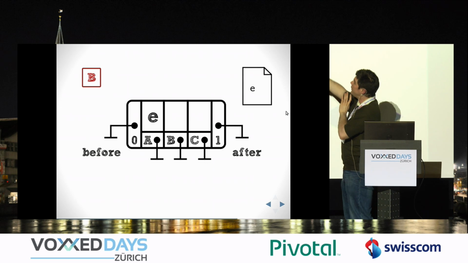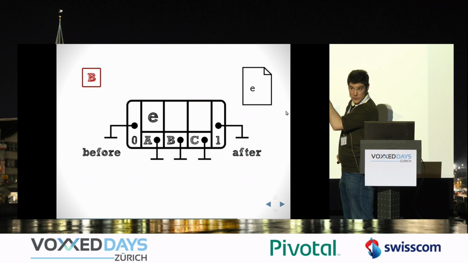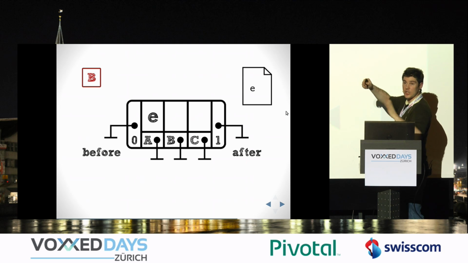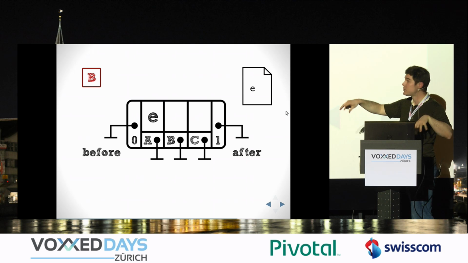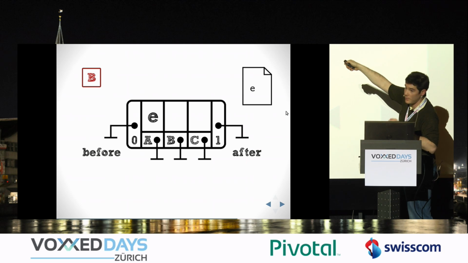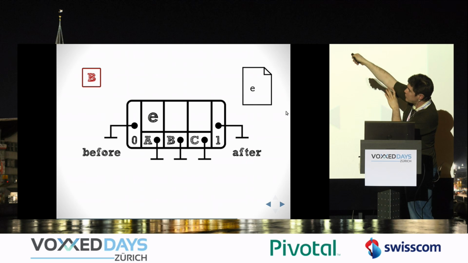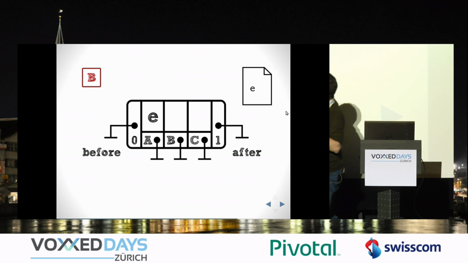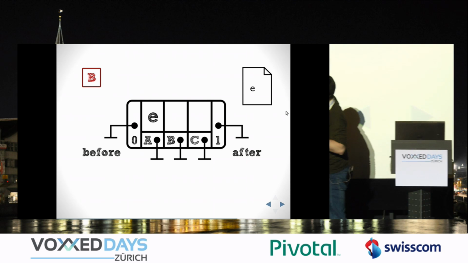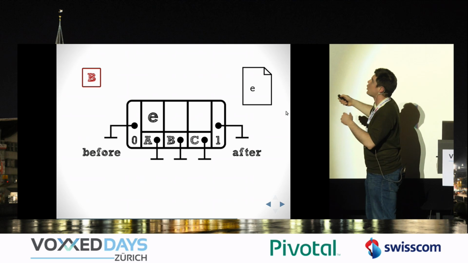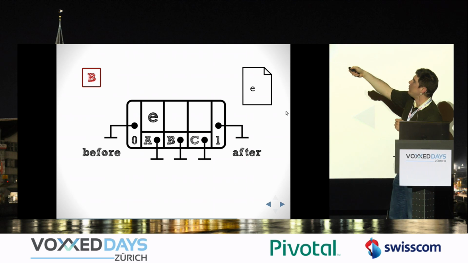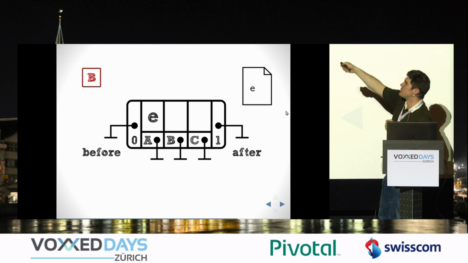So let's say I have the following data structure. The data structure is a tree, and it's an n-ary tree, so it has many children, and it has a basic object which is called just a node. And a node looks like this. So it has one pointer called 0 at the left, and this represents a subtree which has all the elements which precede the elements in this node.